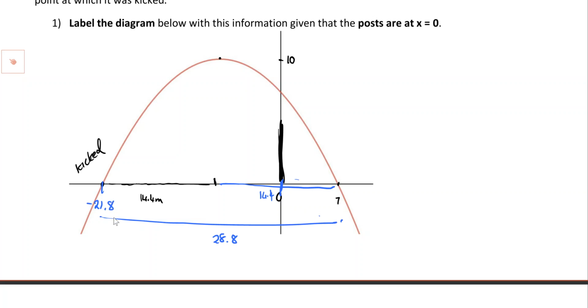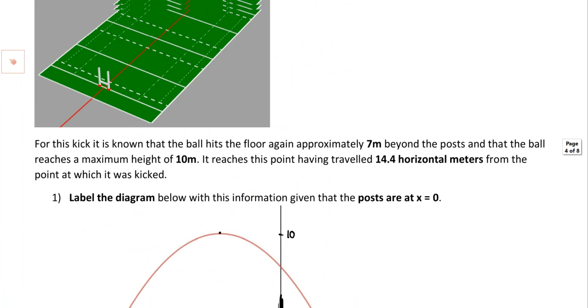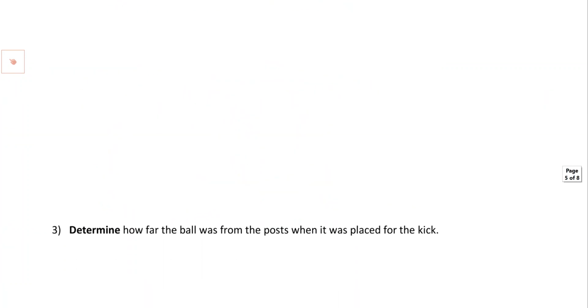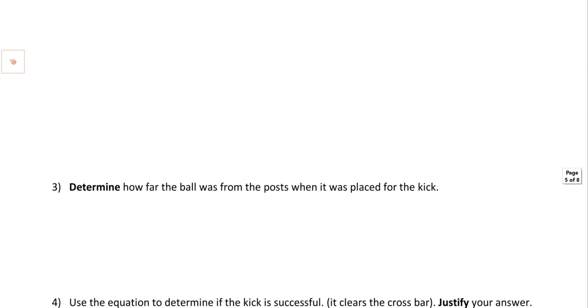Okay. And then that, I believe, determines how far the ball was from the posts when it was placed for the kick. And the answer is 21.8 meters. So you could show that on the diagram, or I'd be looking for 28.8 minus 7.